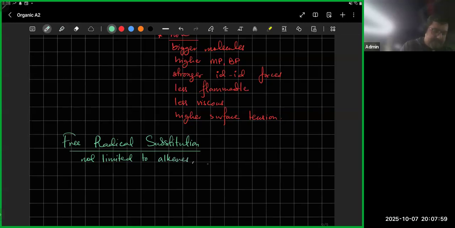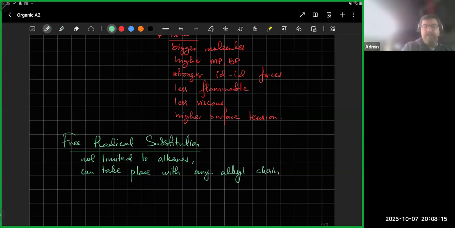It can happen with any alkyl chain. ठीक है, so that's free radical substitution.